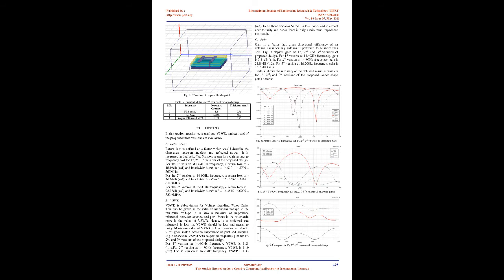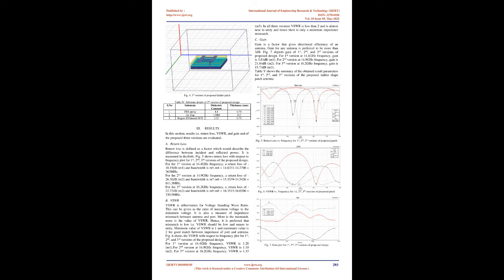C. Version 3. In the third version, the proposed design is placed above 3 substrates: FR4 epoxy, which is immediately below the patch, an air gap below FR4 epoxy, and Rogers RT/duroid 5870 below the air gap.